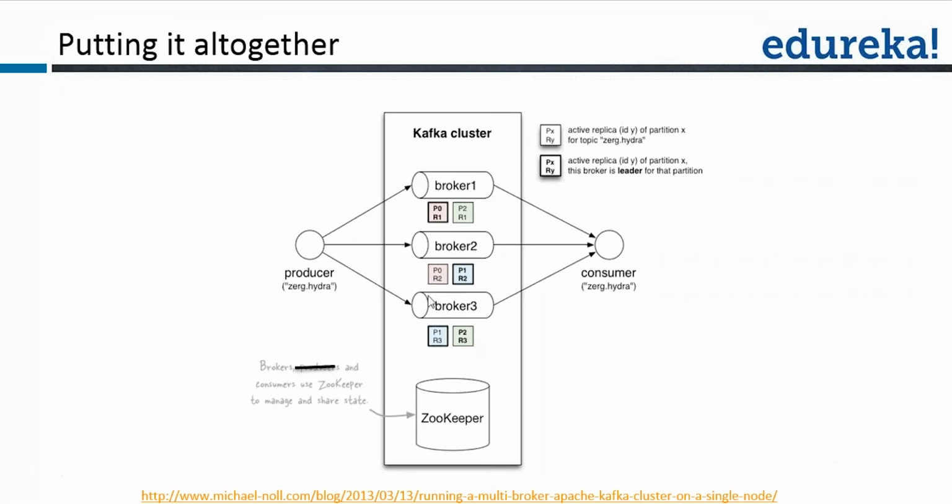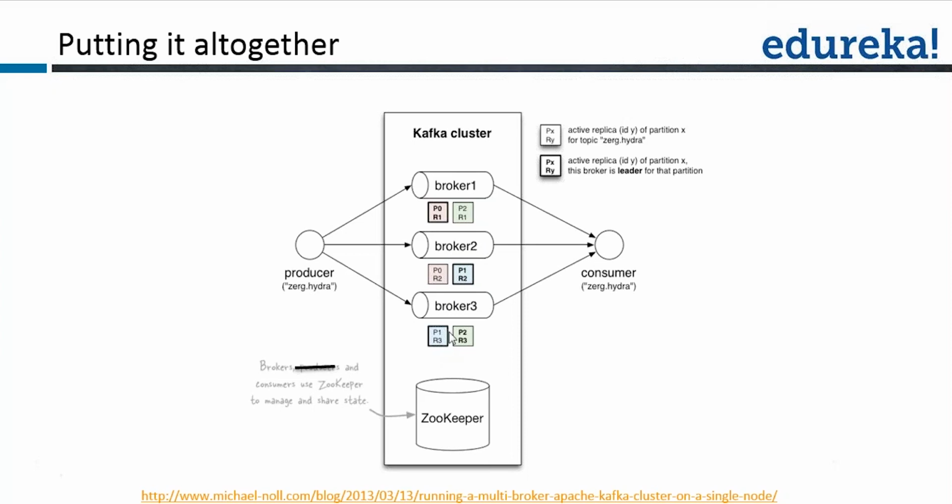Here I'm saying you have P0 and P1 on broker 2, and broker 2 is going down. If there was a consumer trying to consume messages from P2, they can go and talk to broker 1 for those messages. Or for example if they were taking messages from P1, they can go and talk to broker 3.